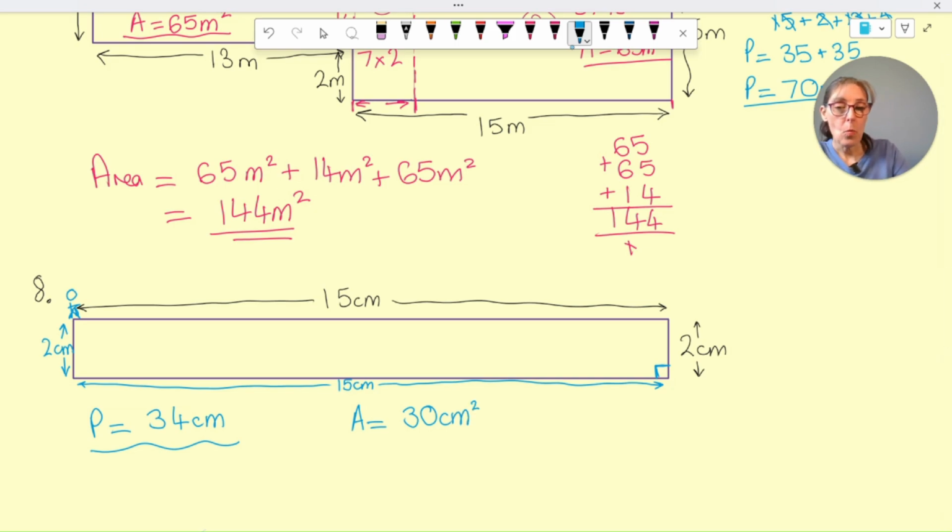But if that was meters, not centimeters, so let's just choose a slightly different color. If I were to draw this out and say this is 15 meters and this is 2 meters, and say it was the bottom of a corridor. So if a wall was built 3 meters high, so if there was a wall, it would probably just go straight up, wouldn't it?